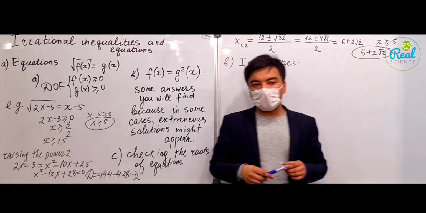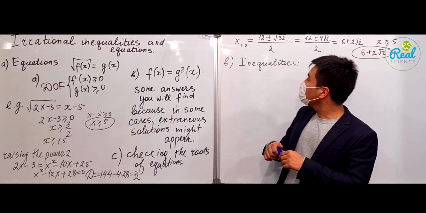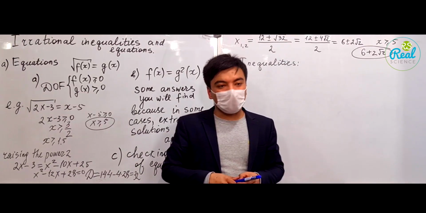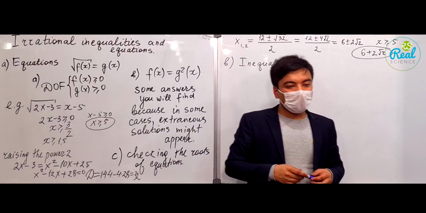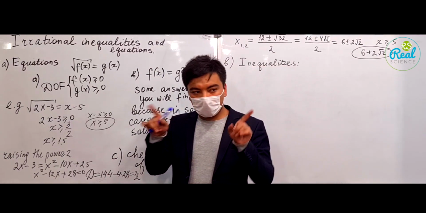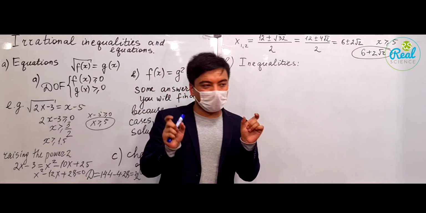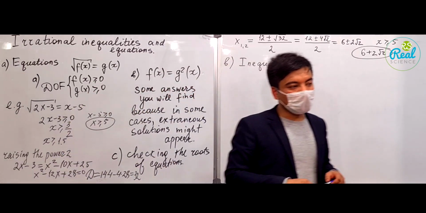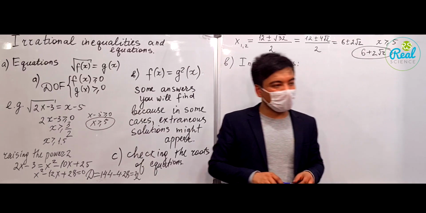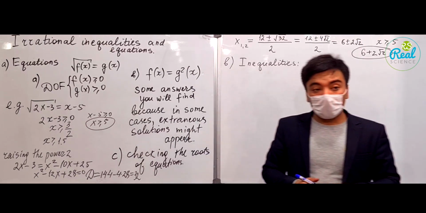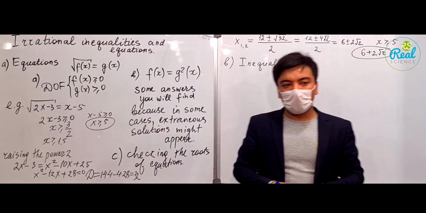If it is strict, the point is empty, open. It means just these numbers which are open are not included. They are excluded in the solution. So, now we remembered the inequality signs.